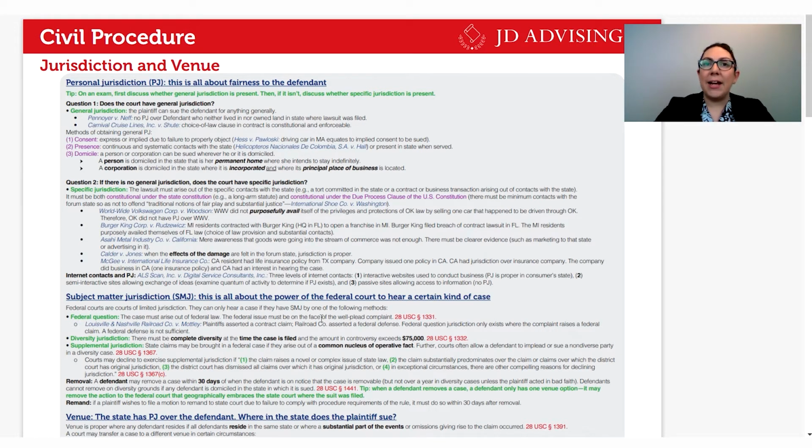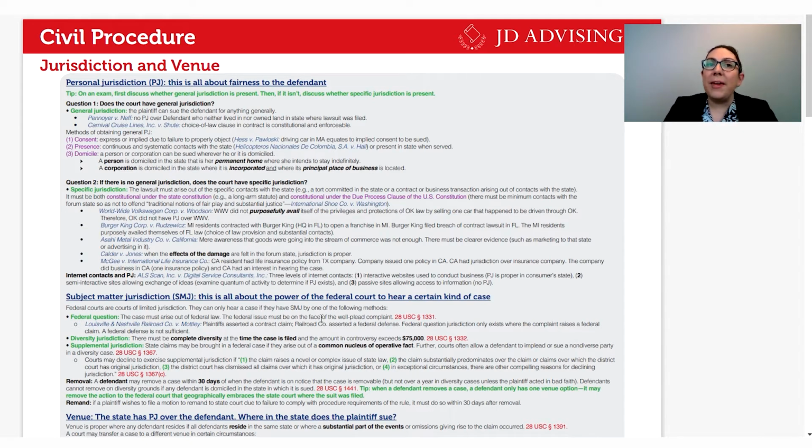You've probably signed a contract with, let's say, a cell phone provider that indicates that a particular jurisdiction or state will have the power to hear any breach of contract litigation that comes up between you and the cell phone provider with regard to that contract. That means you have consented by signing the contract to be sued in whatever state the contract specifies. That would be considered express consent.